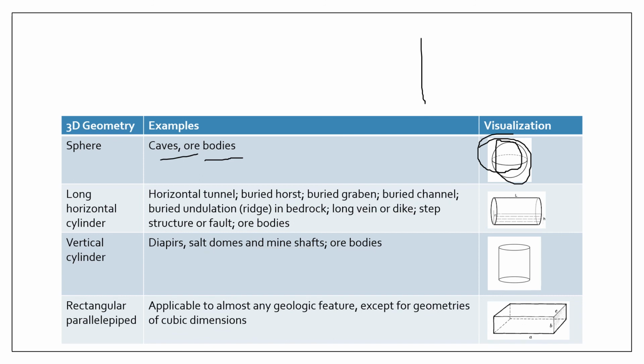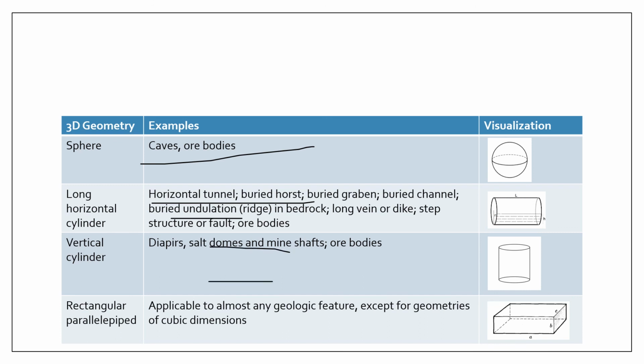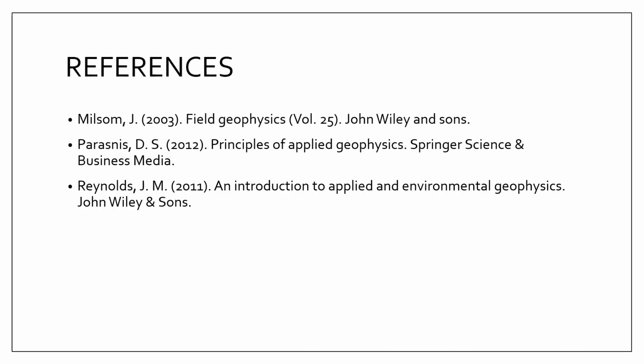So this table is a good starting point on what shapes you can use to approximate a given problem or objective. If you know the density of that anomalous object, more or less you can get a lot of details from your gravity anomaly.